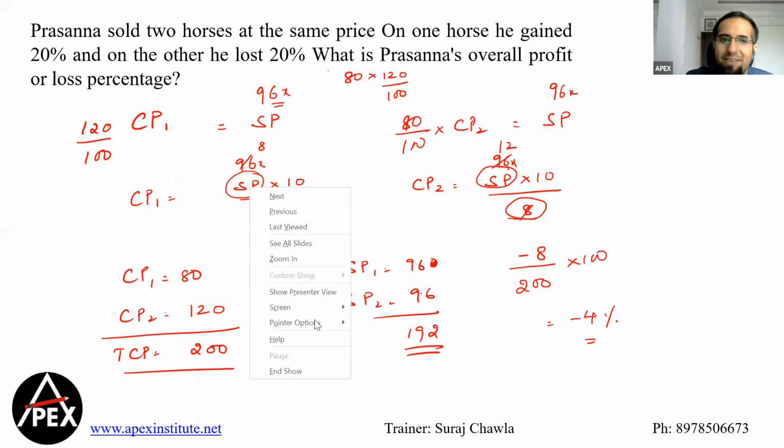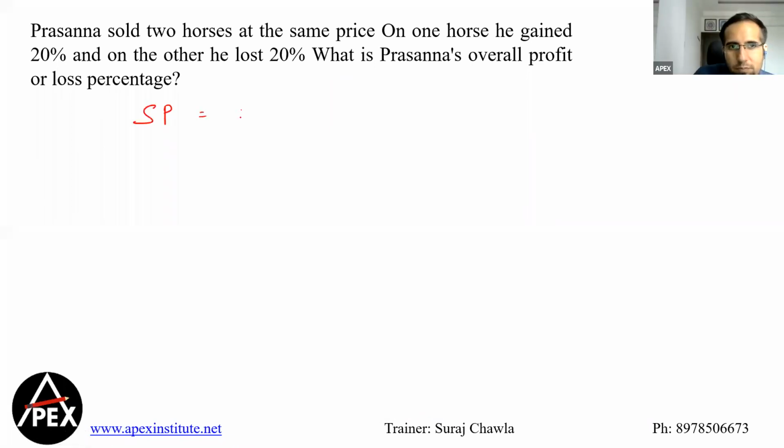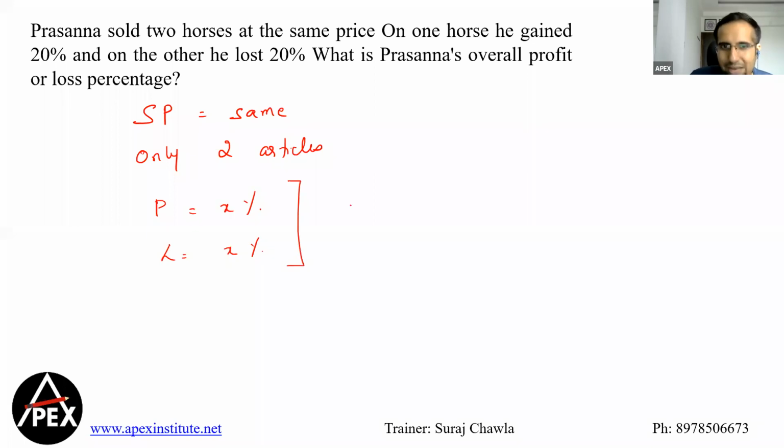Whenever selling price is same, there is a direct formula to this, don't worry. Whenever SP is same, but this is applicable only to 2 articles. Clear? Third, profit is equal to X percentage and loss also is equal to X percentage. Then overall there will be a loss which will be equal to X square by 100 percentage.